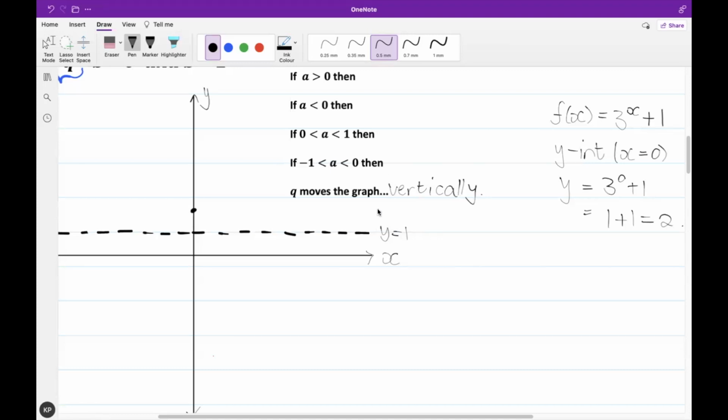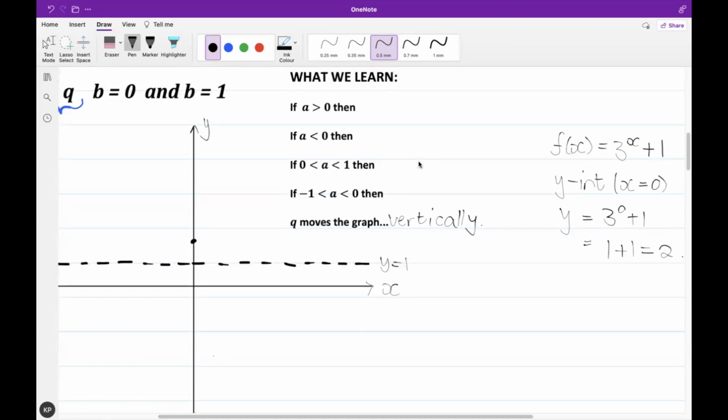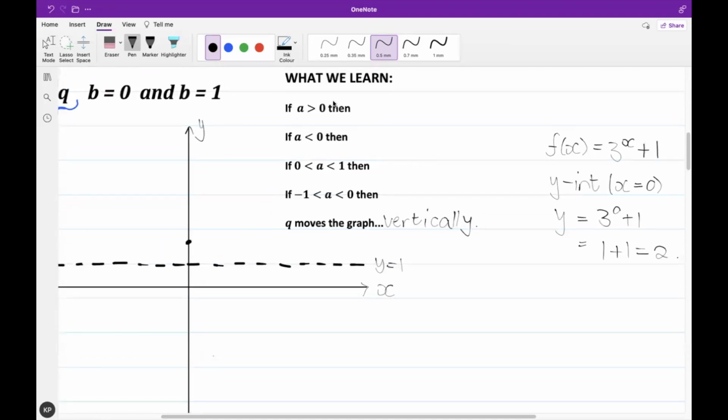Okay. Now, the first thing we're going to learn is if a is greater than 0, then your exponential graph will curve upwards. I know you're probably thinking, what do you mean it curves upwards? I will go to the side now and show you what I mean.